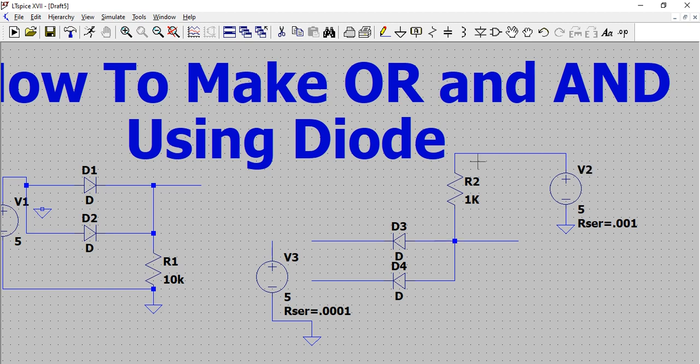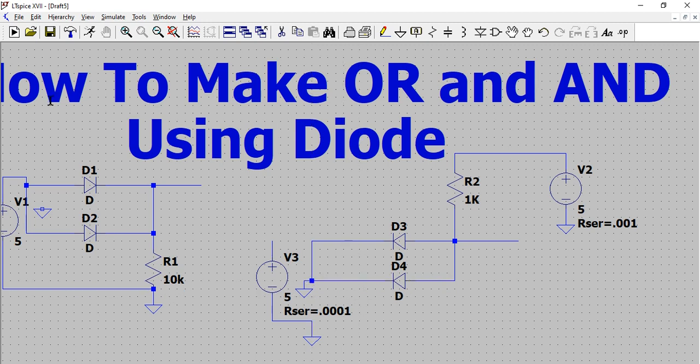So here we give the voltage source and one resistance, and the output we will take from here. So first we make both signals 0, so the output should be 0.